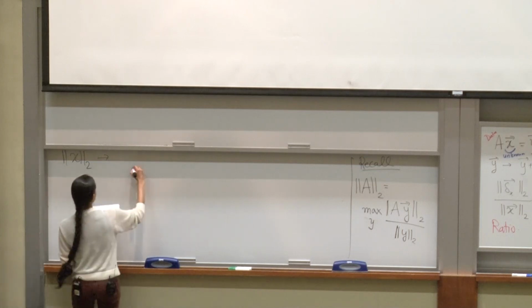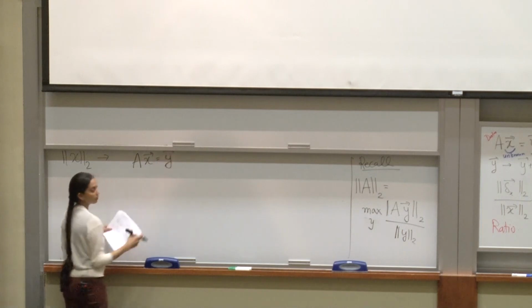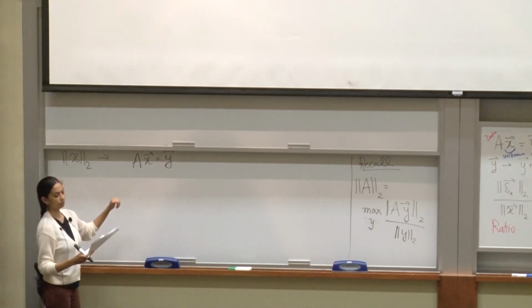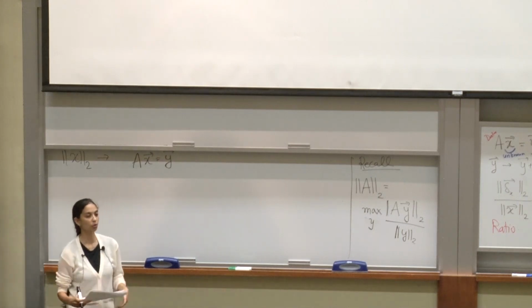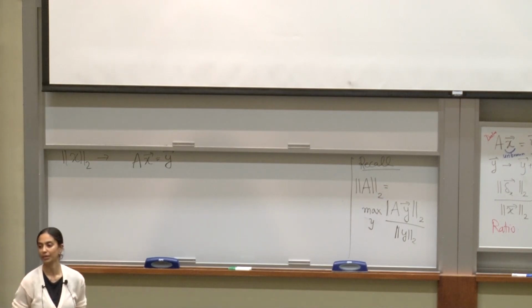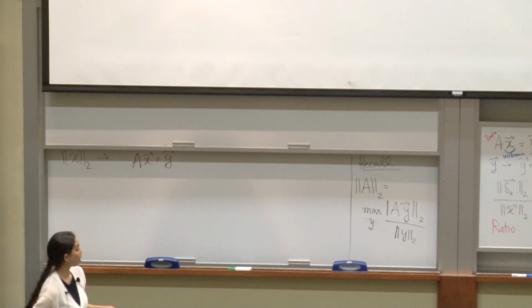Yep. Can we do the same thing? So we have Ax equal to y. Now what are we going to do? Do we want an upper bound or a lower bound on the norm of x? Do we want to say that the norm of x is bigger than something, or smaller than something?